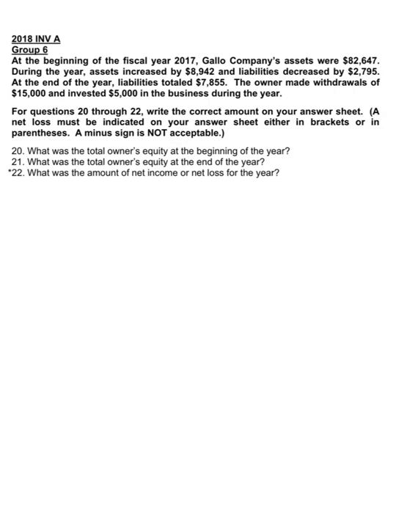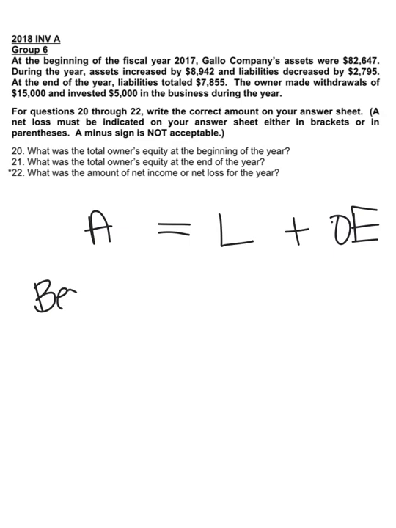So in order to do this, the easiest way is just to set up a table with our accounting equation. So assets equals liabilities plus owner's equity. And we want two different equations, one for the beginning of the year and then one for the end of the year. So let's go ahead and start off with what we do know.